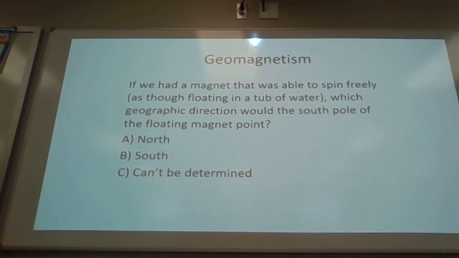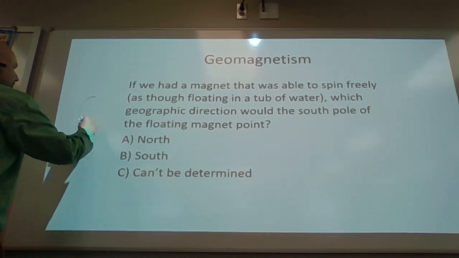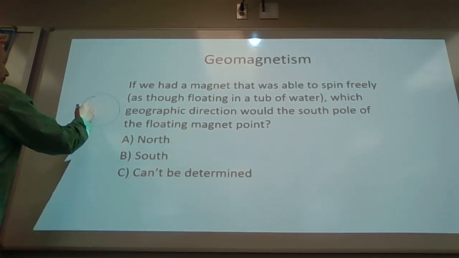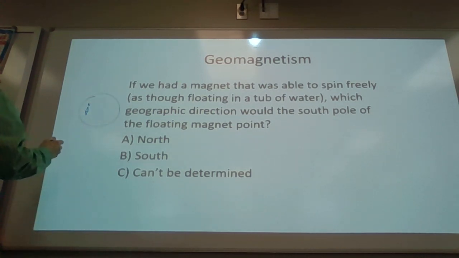Correct answer is B. Okay. So this is the north seeking pole. This is the south seeking pole.